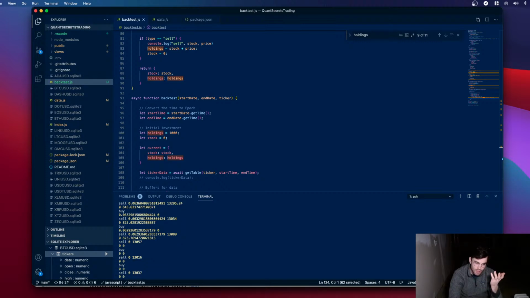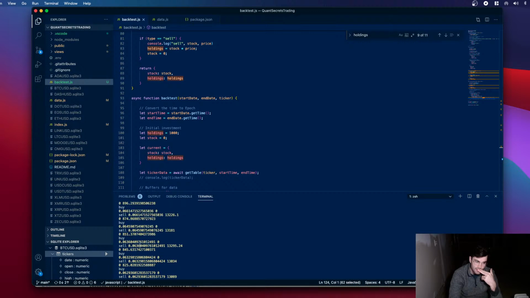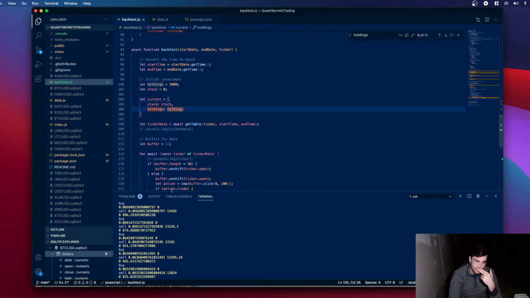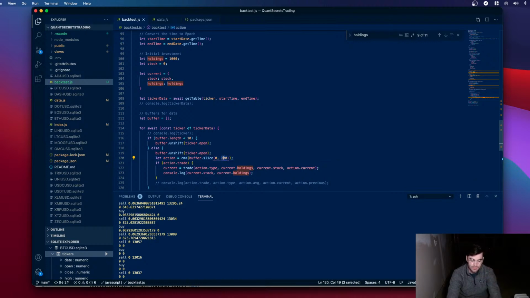What is going on? Why is it screwing up some of these? I think it's if I sell twice in a row. Oh, okay. It's weird that I would even be able to sell twice in a row, though. Like, it should always be a buy and then a sell.